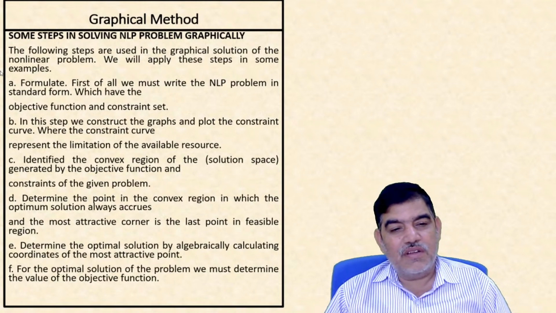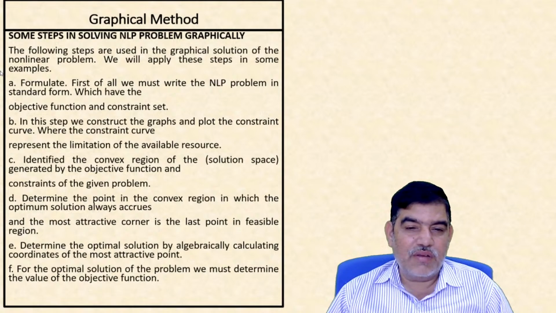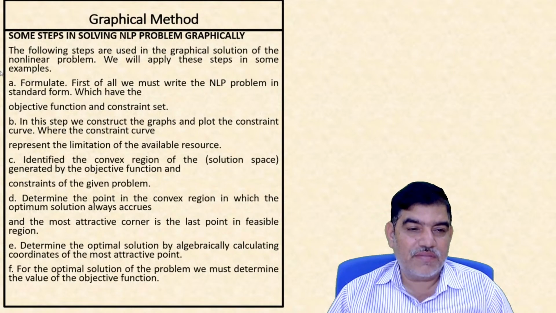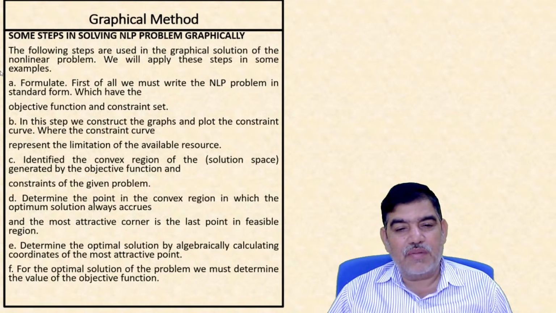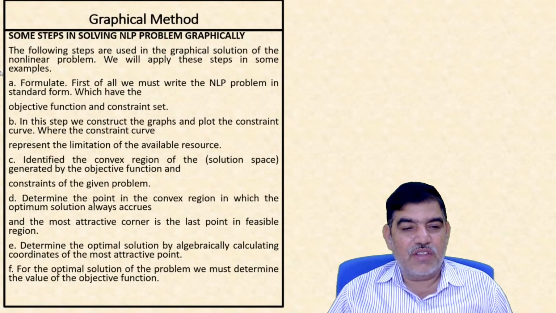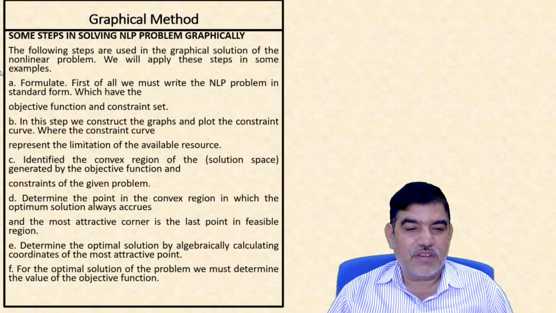Then determine the optimal solution by mathematically calculating the coordinates of the most attractive points. The last step is, for the optimal solution of the problem, we must determine the value of the objective function.